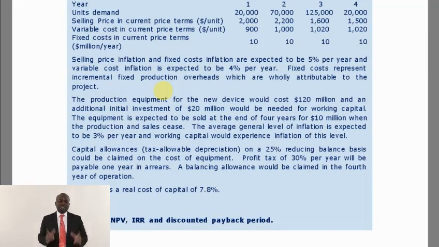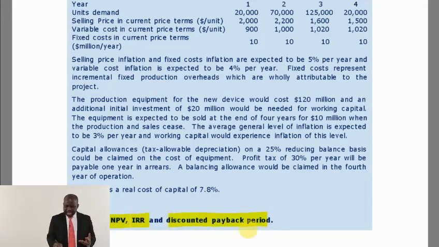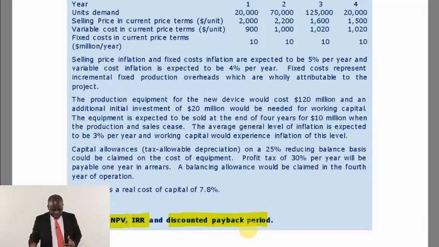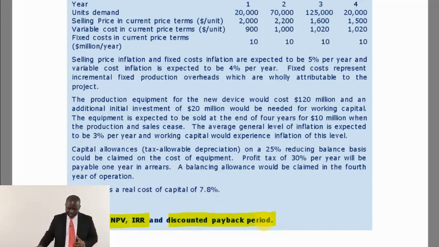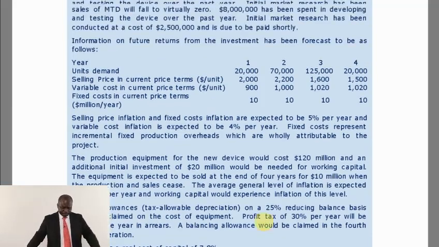You have to read the requirement to know what you are expected to do. This requirement is telling me to calculate NPV, internal rate of return, and discounted payback period. So this question is summarizing those basic techniques, and then we move on to the next level. That is the whole idea of preparing the lecture note. We want it to be systematic for you to understand.